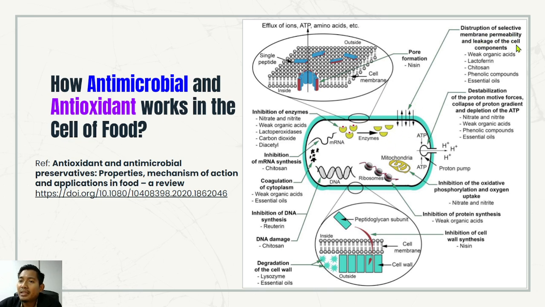Destruction of selective membrane permeability and leakage of the cell component using weak organic acid, lactoferrin, chitosan, and etc. And then destabilization of protein motive force, collapse of proton gradient, and depletion of ATP using nitrate or nitrite, such as in meat, weak organic acid, essential oil, etc. Inhibition of oxidative phosphorylation and oxygen uptake by using nitrate and nitrite, and etc. So this is the summary of how antimicrobials and antioxidants work in the cell of food.